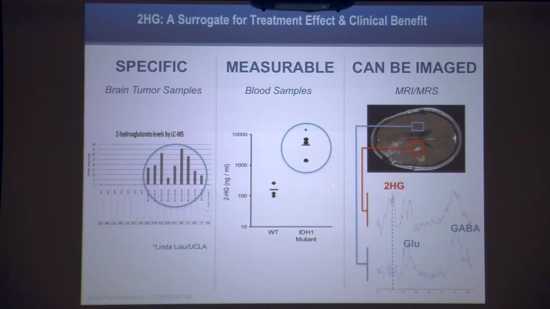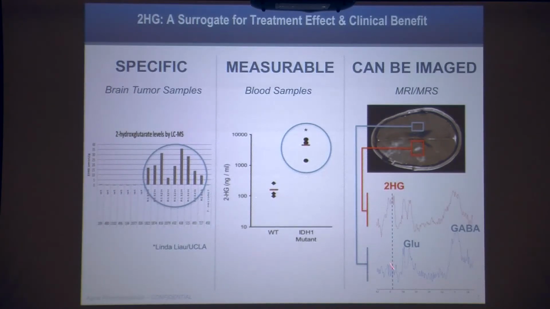At the same time, IDH mutations were being described in leukemia. So we also looked at blood samples from an AML patient that has an IDH mutation and a leukemia patient who does not. Again, you can see that it's elevated in their blood if they harbor the mutation.